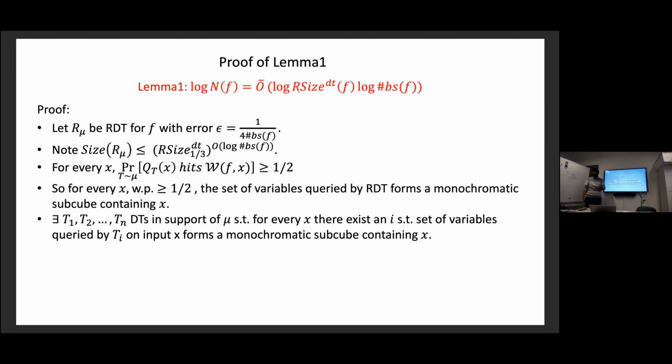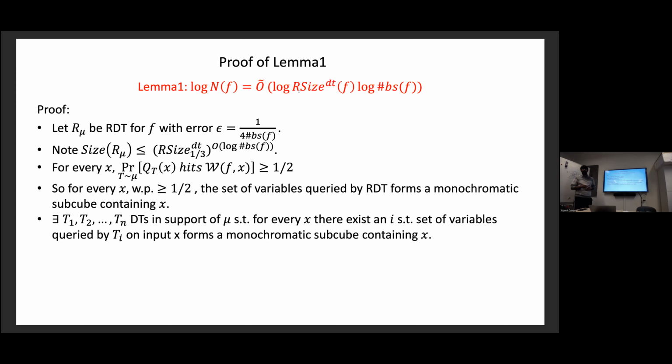And then by union bound, you'll say that with non-zero probability for every input x, there will be some tree where if you trace the root to leaf path, you'll end up in a subcube which is monochromatic and which contains that input. Is this clear?